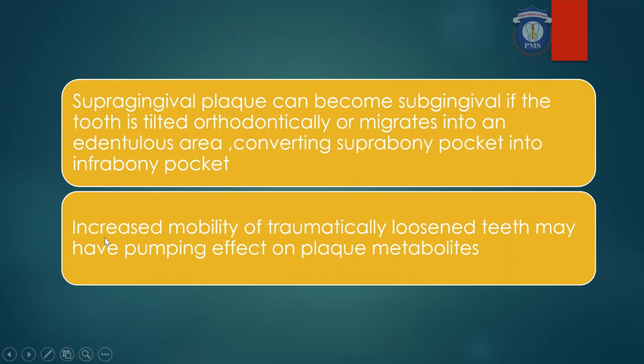One more theory shows that increased mobility of a traumatically loosened tooth may have a pumping effect, pushing subgingival plaque metabolites deeply into the periodontal pocket. That will also lead to progression of periodontal disease. So all these theories, in addition to Glickman's concept and Verheijen's concept, also prove that there is a relationship between trauma from occlusion and progression of periodontal disease.